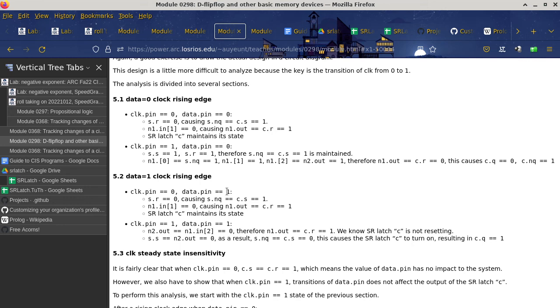It does not give you all the transitions in between to get to the steady state. So Logisim can confirm whether your last row is right or not in each step, but it won't be able to give you the intermediate steps at all. So the intermediate steps are something that you have to work out, and that's the important part.